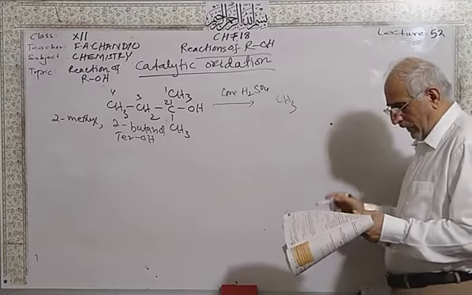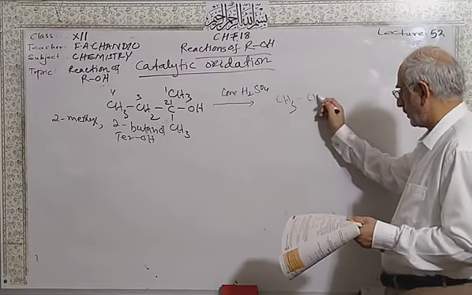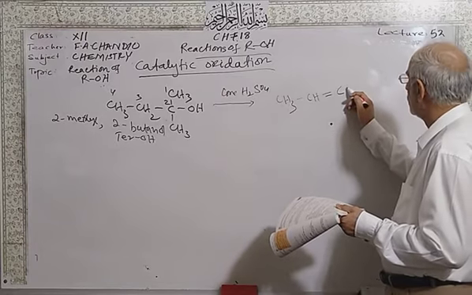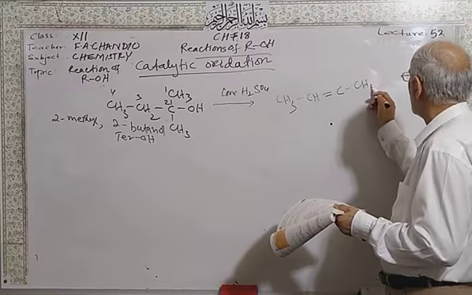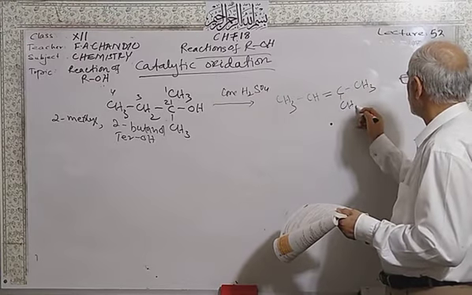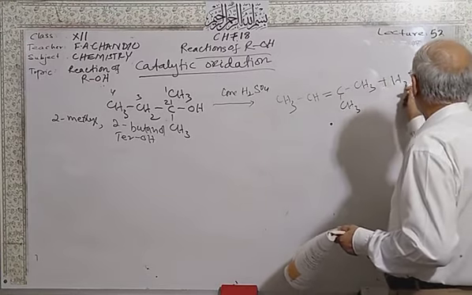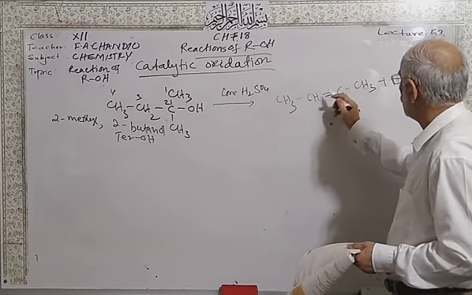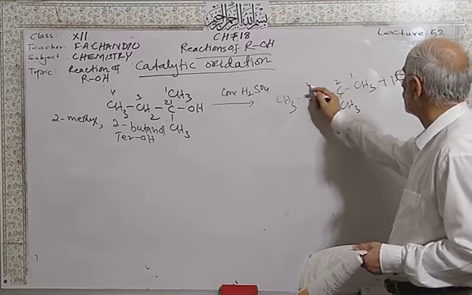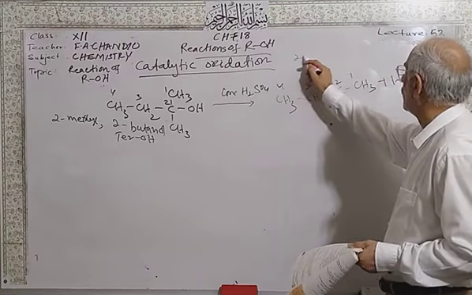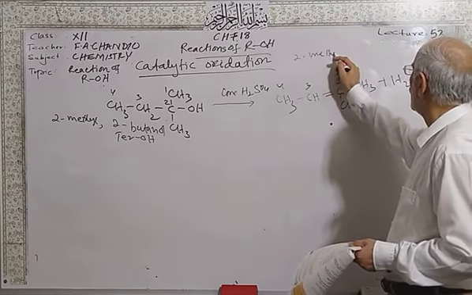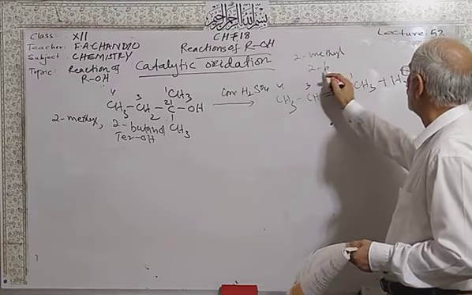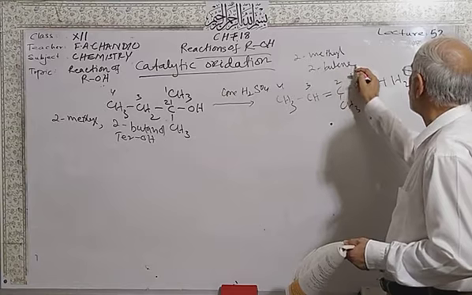There is the formation of alkene. Like this. So this will be 1, 2, 3, 4, 2-methyl-2-butene.